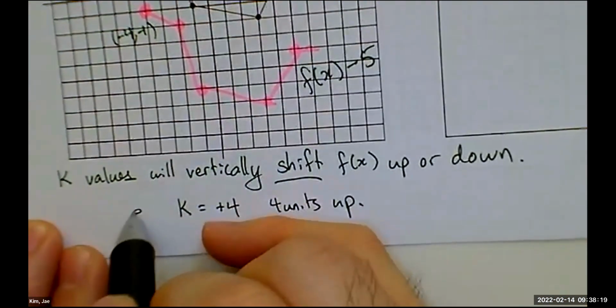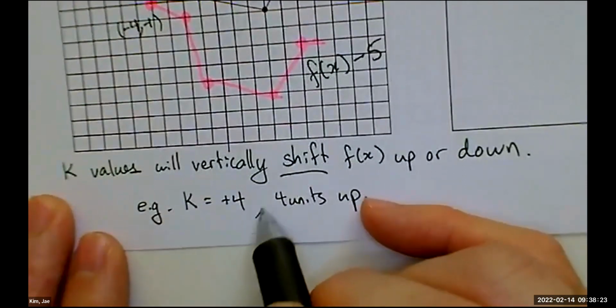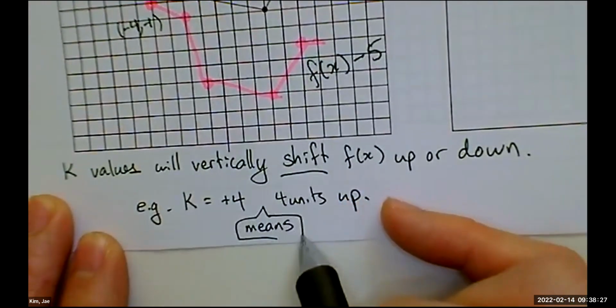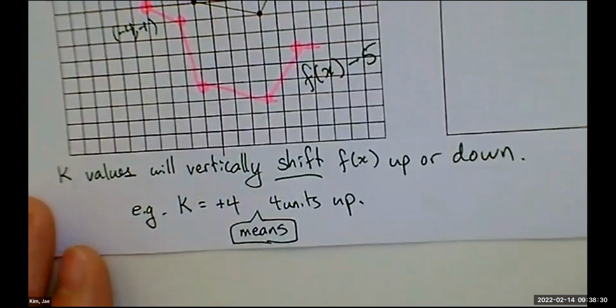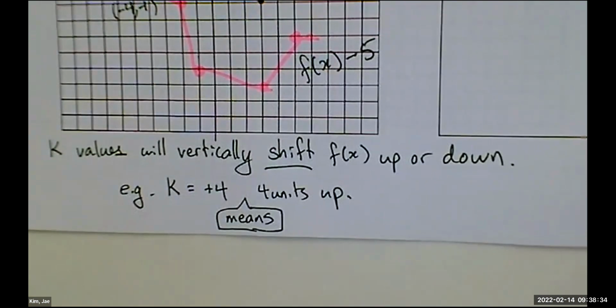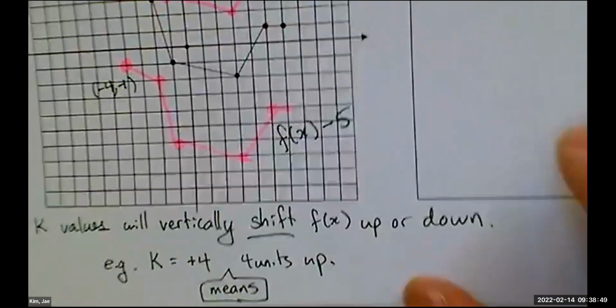Here's an example, e.g. And some examples. I'm going to just write up a couple of examples, no matter how weird it is. If you see something adding way outside of it, it's going to be a vertical shift up.